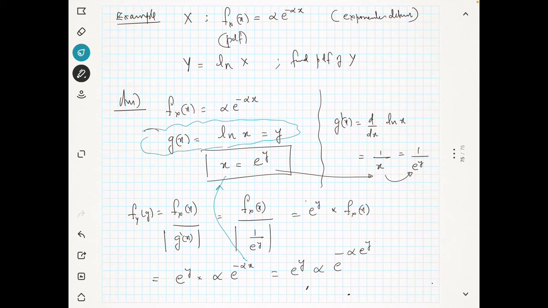You can see y will take the values from minus infinity to infinity. So this is how to solve this problem, and this is the answer.